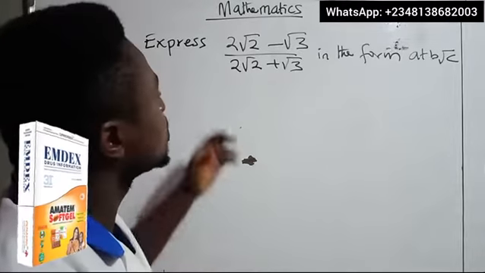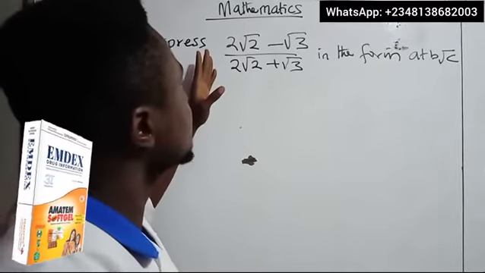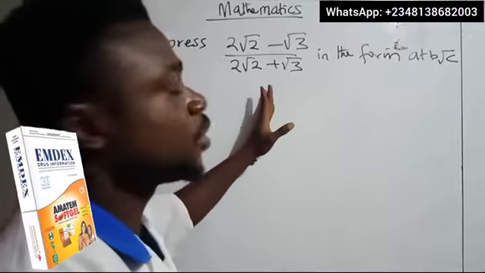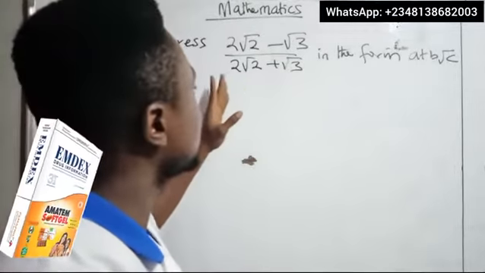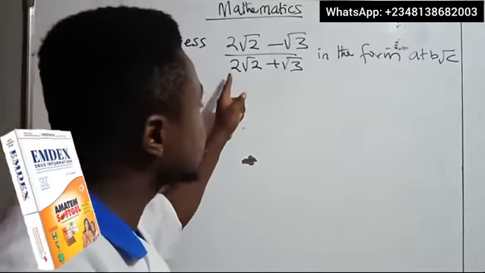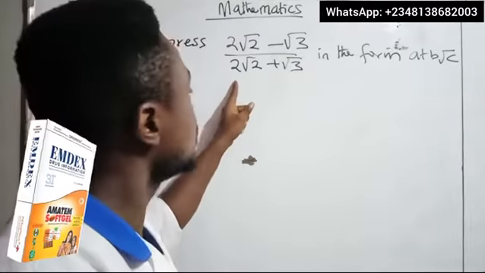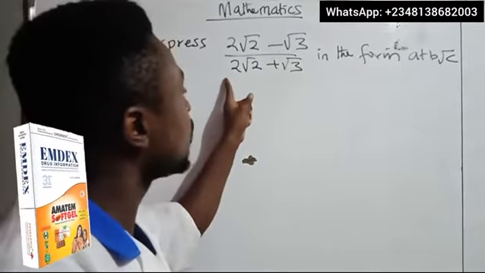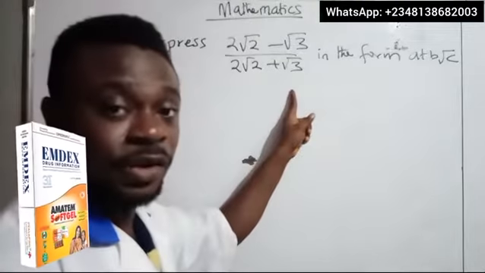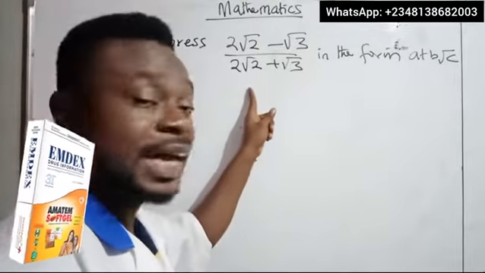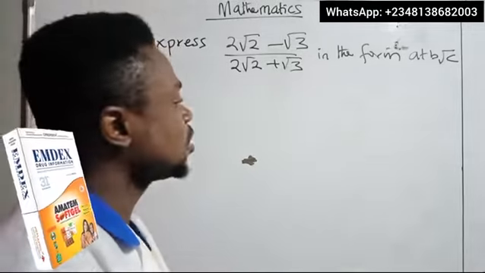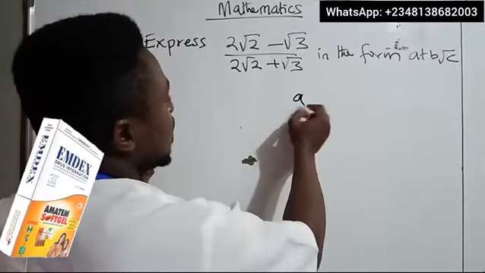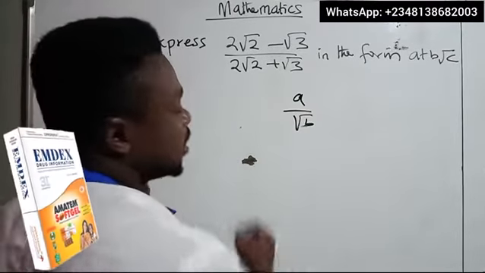Because this is a binomial surd, for us to rationalize it, we use the conjugate of the denominator. You know, it's different from just a surd in this form, a over root b.